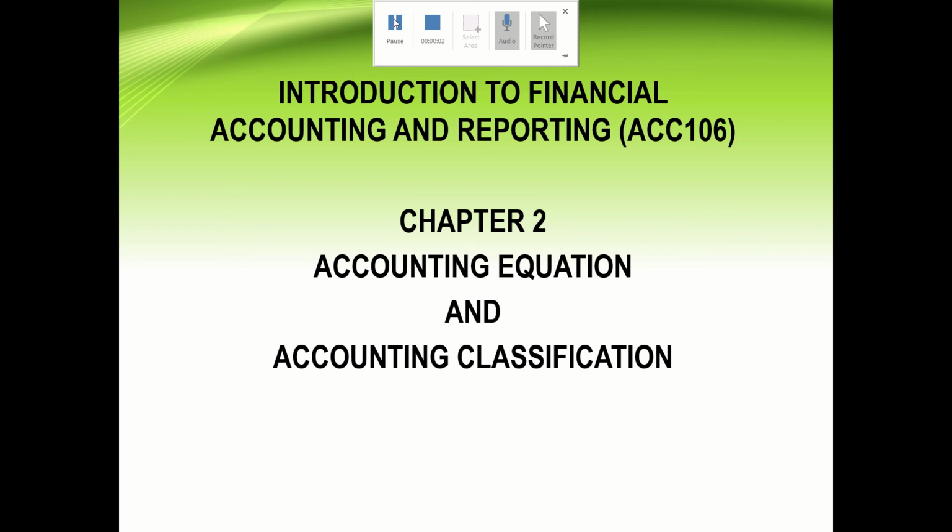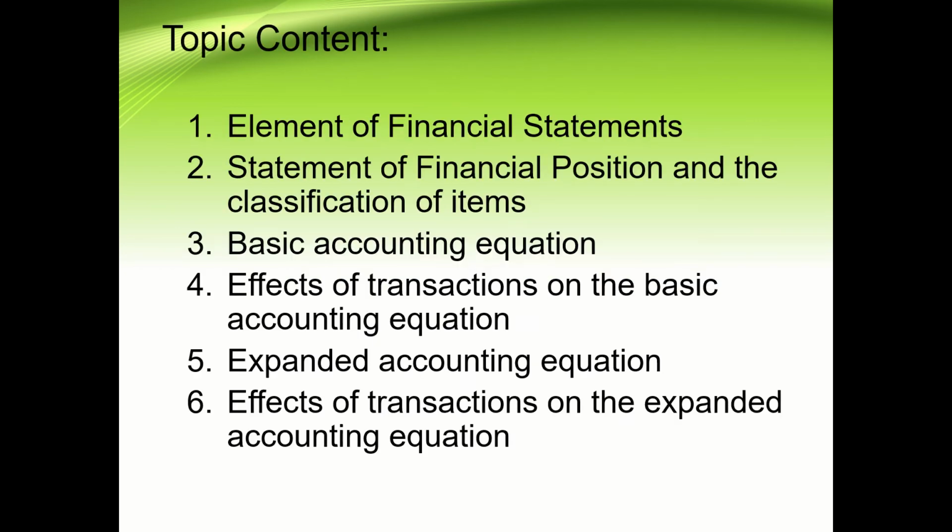Chapter 2, Accounting Equation and Accounting Classification. This topic consists of the following. First, elements of financial statement. Second, statement of financial position and classification of items. Third, basic accounting equation.